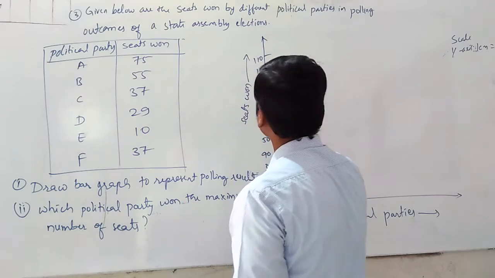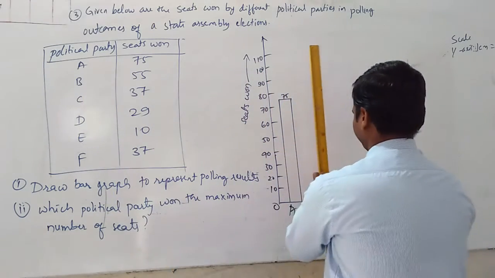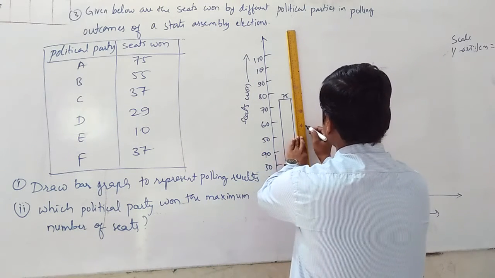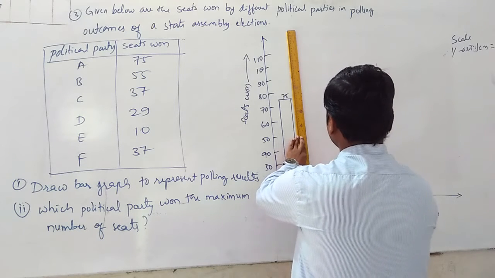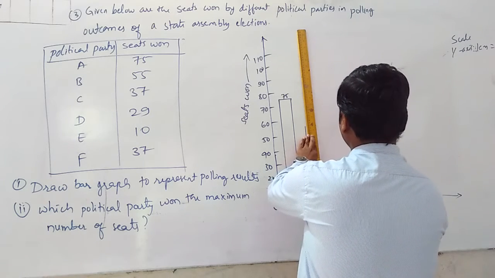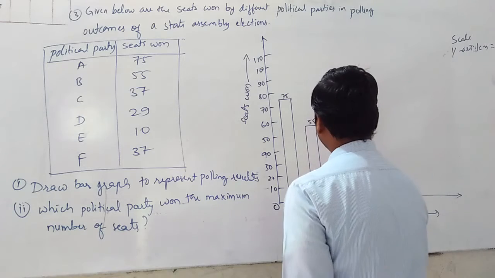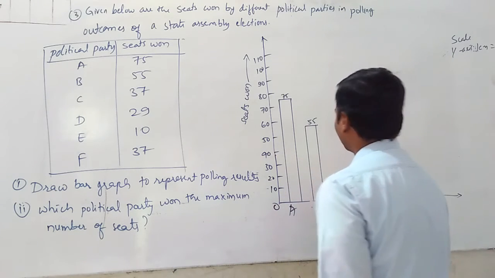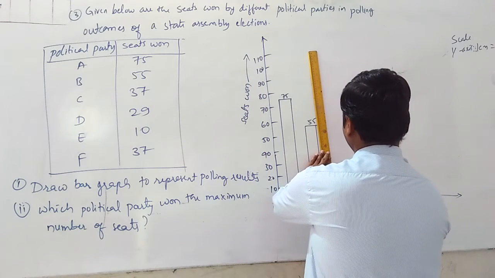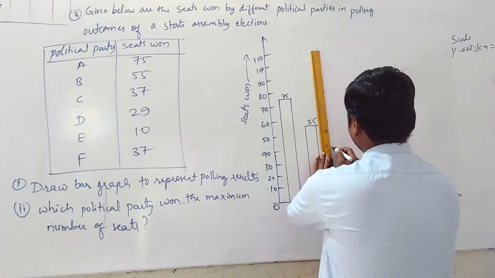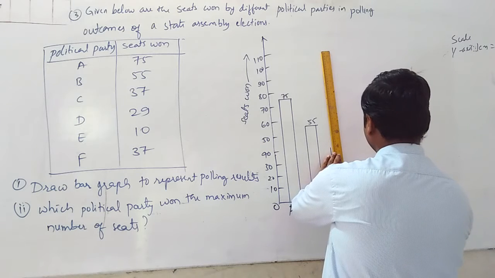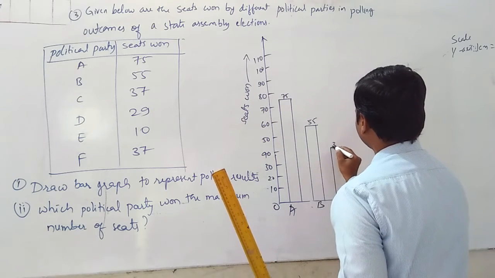Next, party B won 55 seats, between 50 and 60. Next, party C won 37 seats, near to 40.